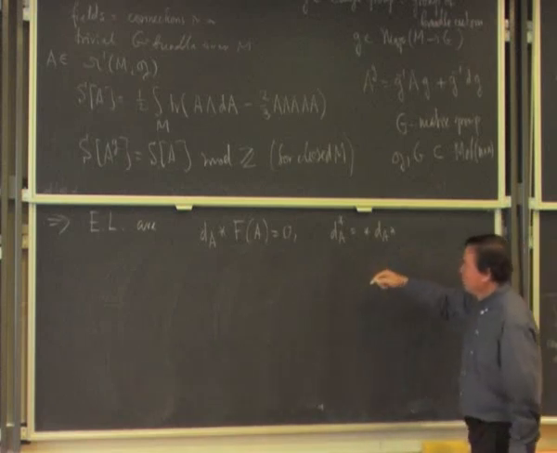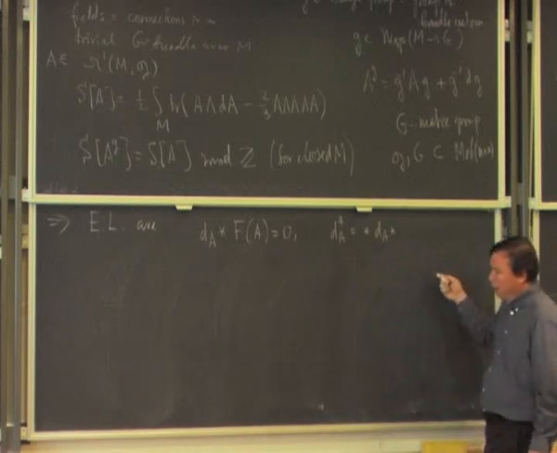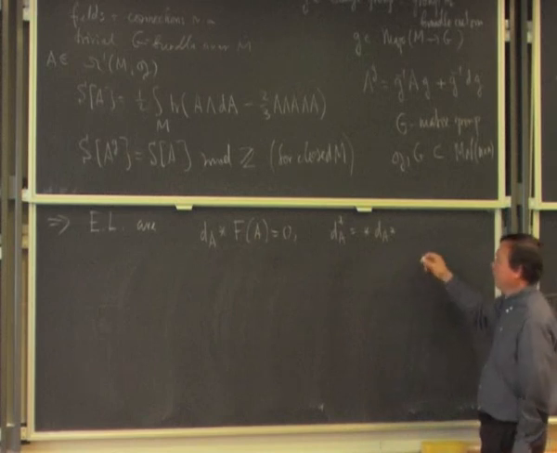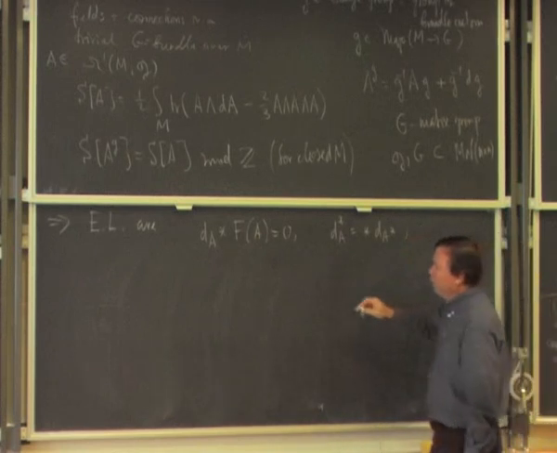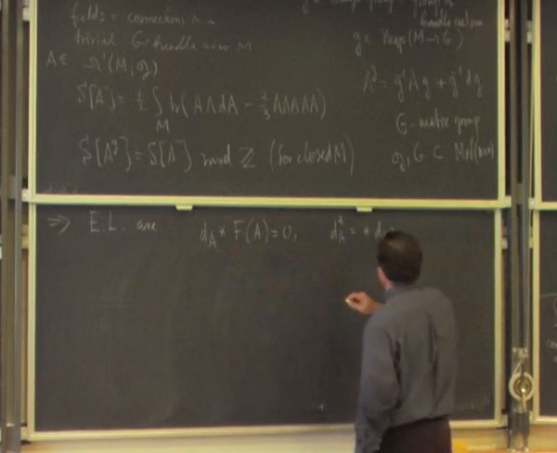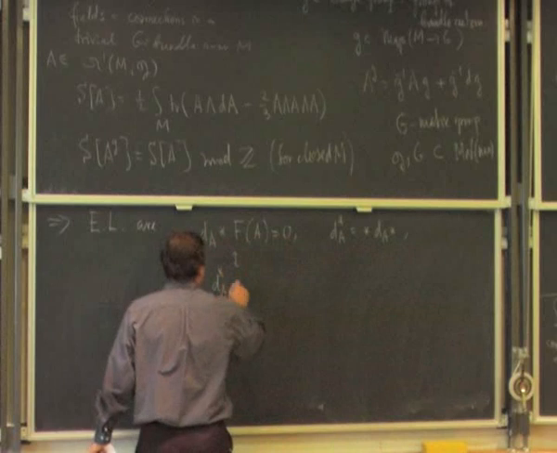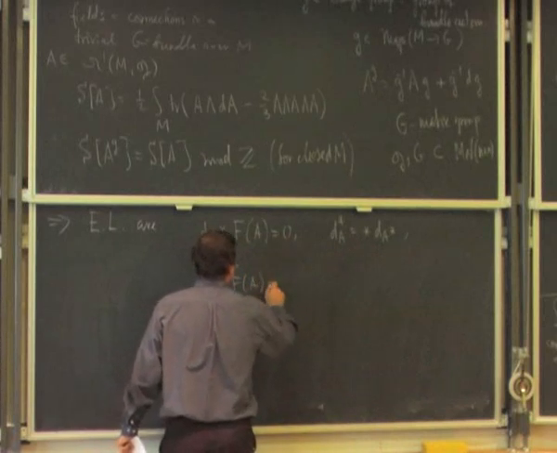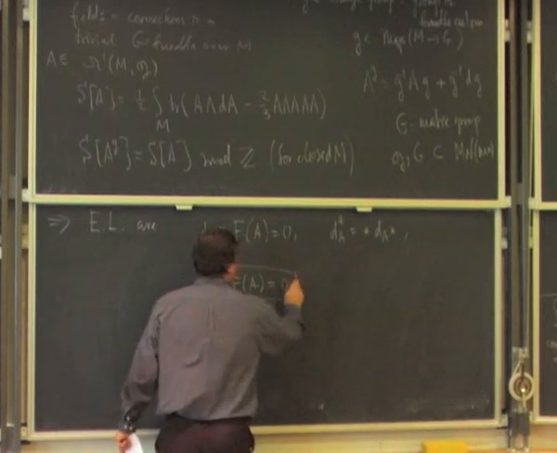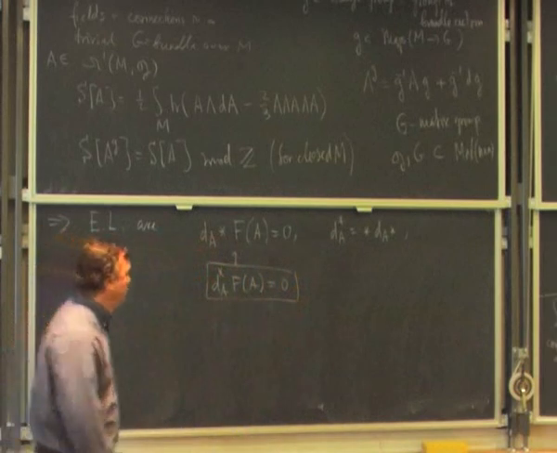It acts in the opposite direction, from an i-form to an (i-1)-form. And then we just take one more star from here, and this is the same thing. So these are the Yang-Mills equations.